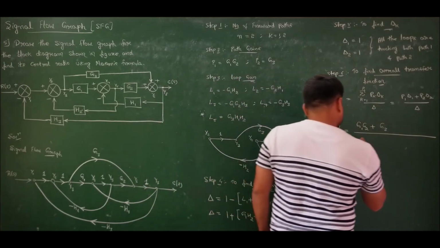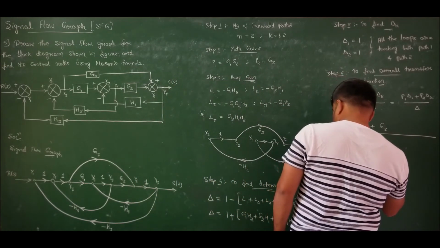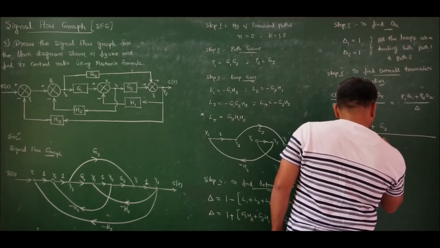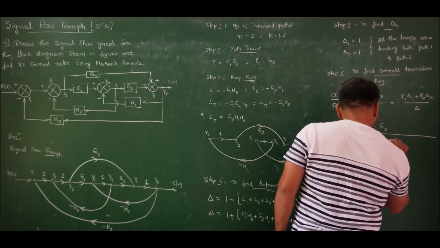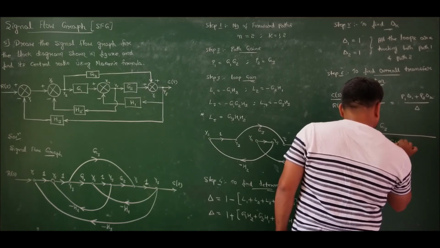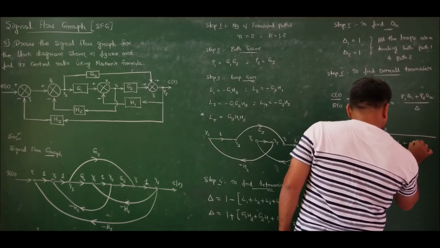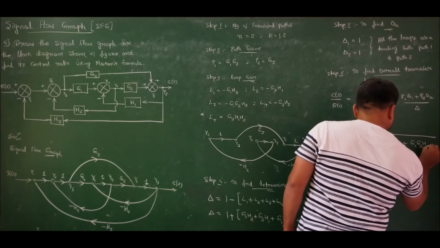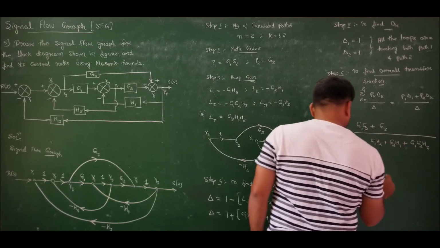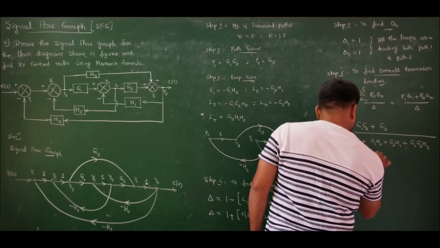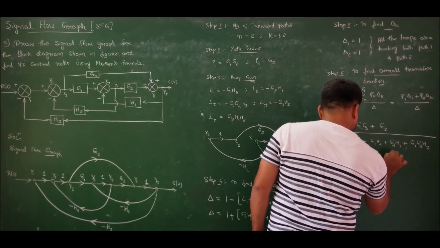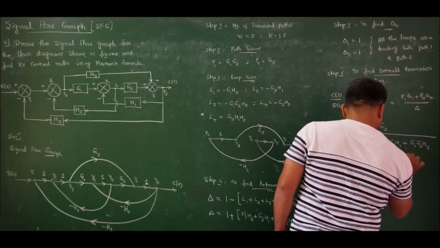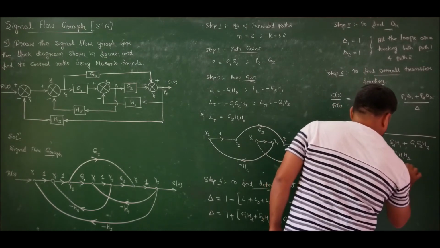Delta will be 1 plus G1 H2 plus G2 H1 plus G1 G2 H3 plus G3 H3 minus G3 H1 H2.